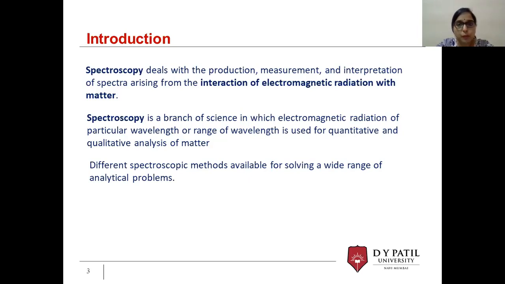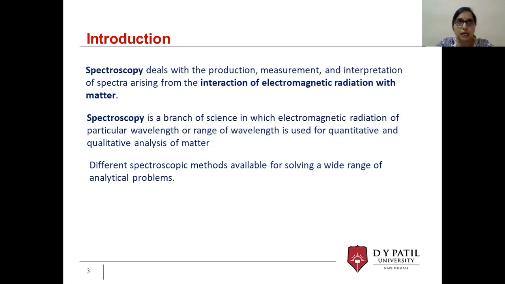So spectroscopy on a whole, we can say that is a branch of science in which electromagnetic radiation of particular wavelength or range of wavelength is used for quantitative and qualitative analysis of matter. Now, there are different spectroscopic methods that are available for solving a wide range of analytical problems.